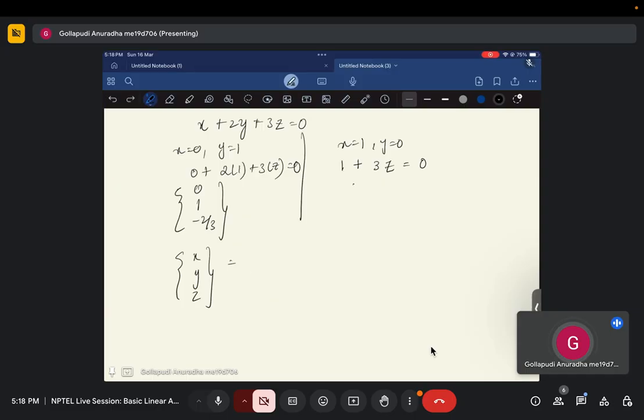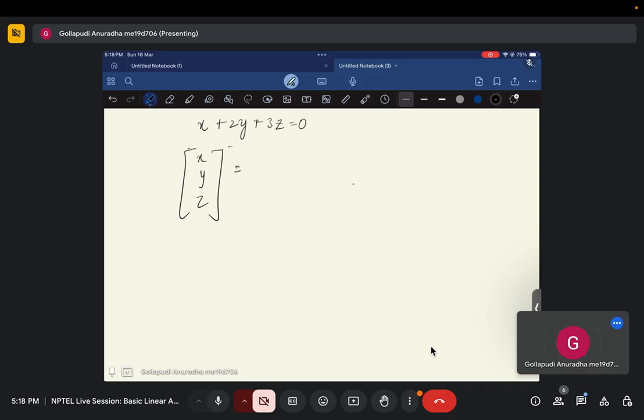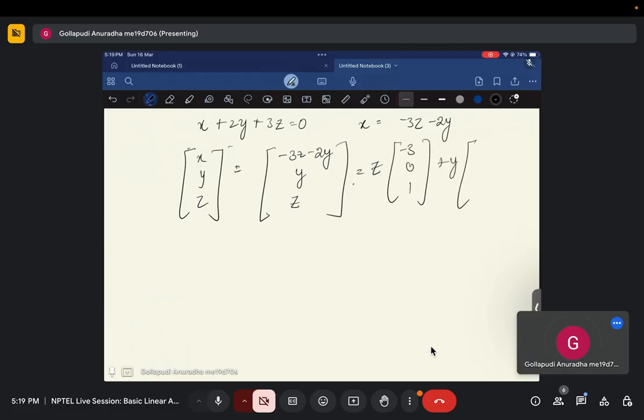Okay, let's simply say it this way. If you have an equation like this, then simply x is equal to minus 3z minus 2y. So I can write minus 3z minus 2y, and here y, and here z, which means that the z vector is minus 3, 0, 1, and the y vector is minus 2, 1, 0.